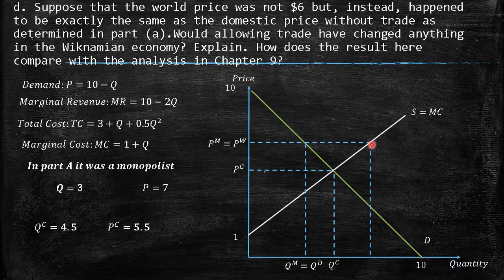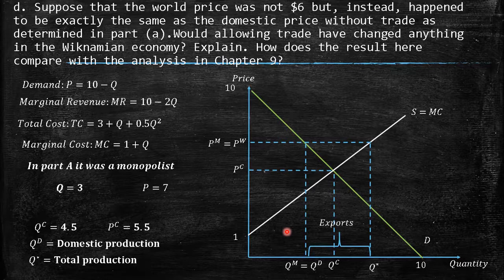So there should be a gap, a difference. This should be the total production of the economy. So this difference that is not consumed inside the country should go outside. So this difference should be the exports.